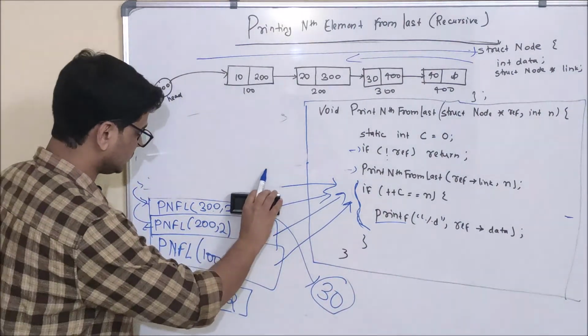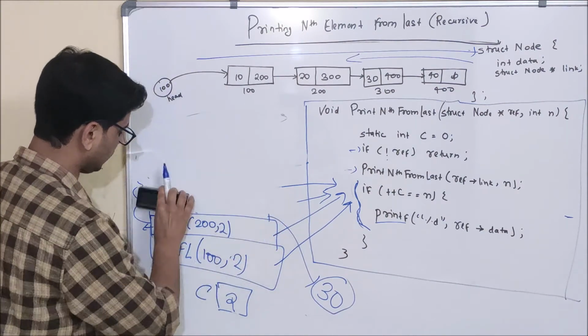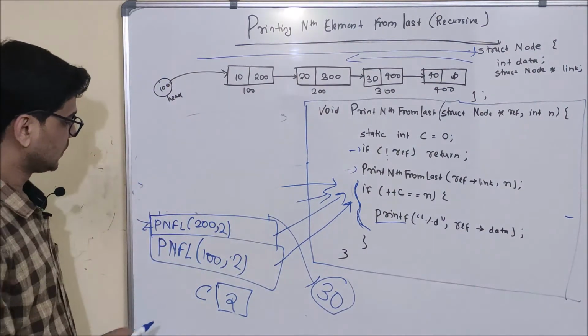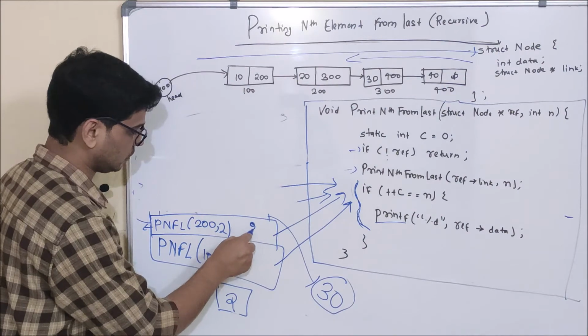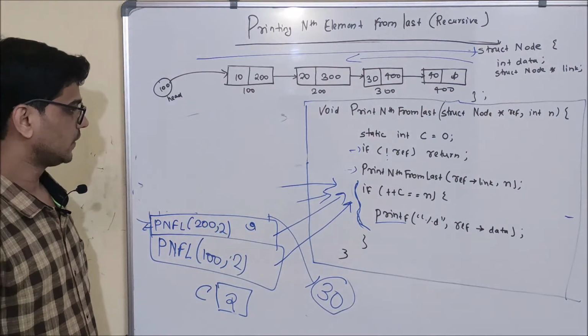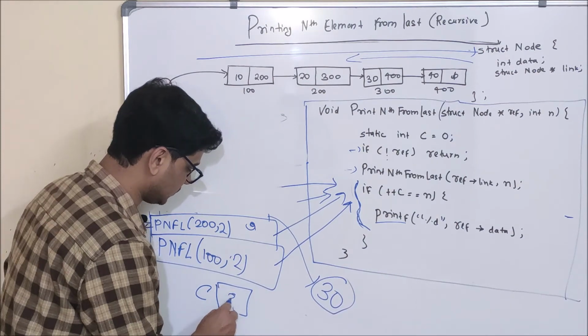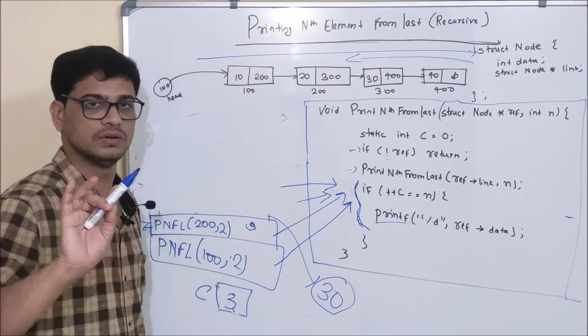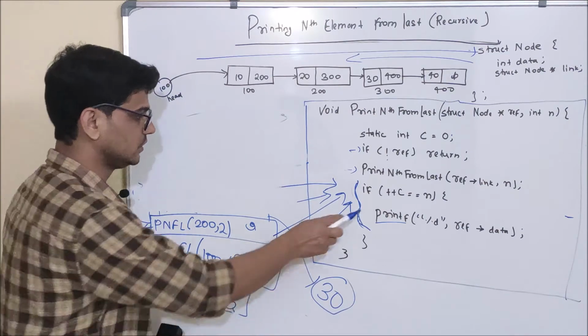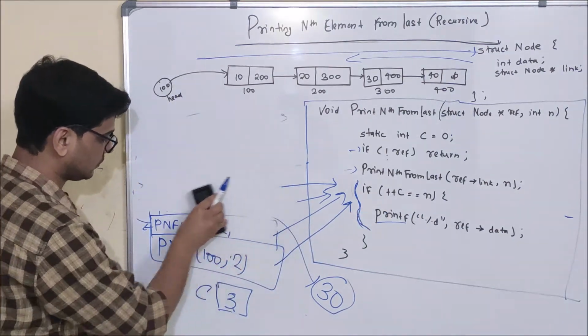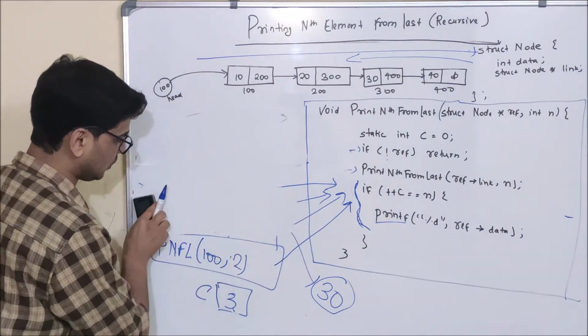Okay, and once this is done, this call will also end, and again control will come back to this particular function. So what will this function do? First of all, it will increment C. So it will make it 3 and compare with N. So 3 is not equal to 2, so this line will not execute for this particular function, and this function call will also end.